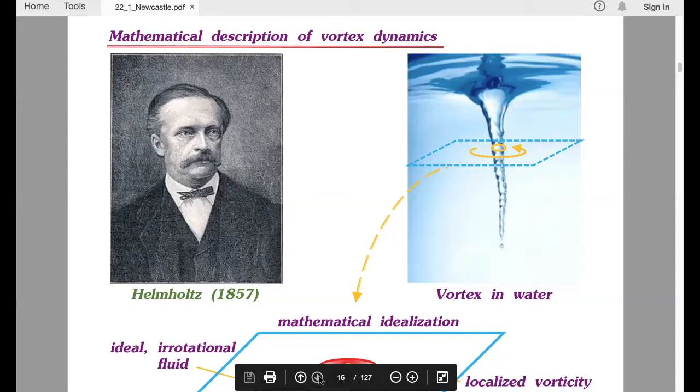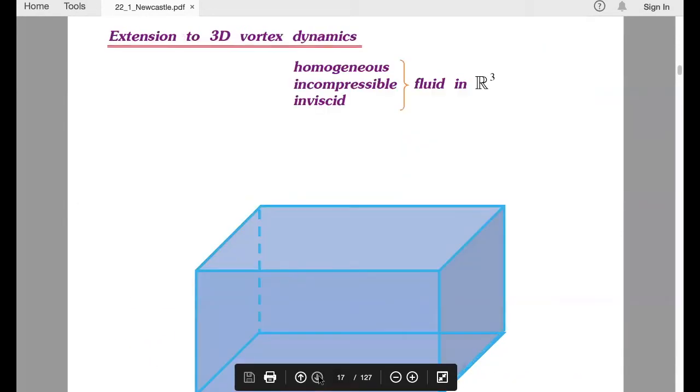And where there is the region of rotation, I consider localized vorticities. So it's just an abrupt change of mathematical specification, if you like, on the boundary of this blob of vorticity.